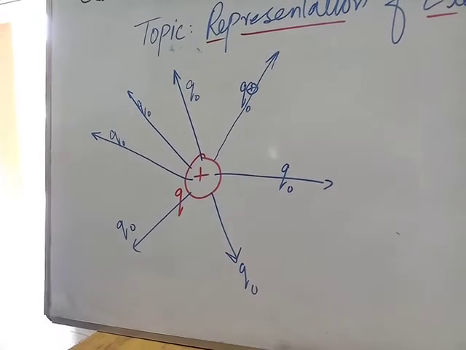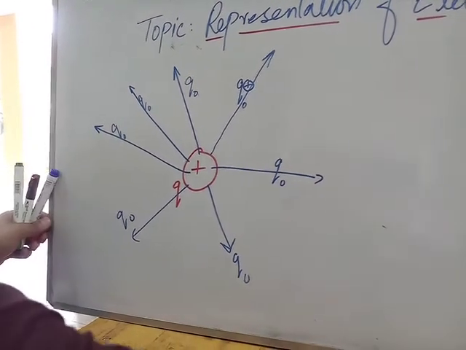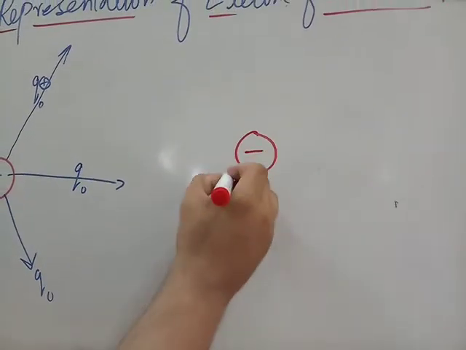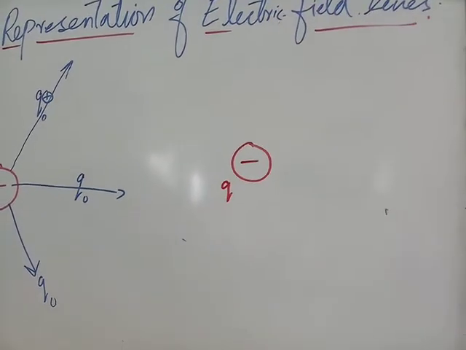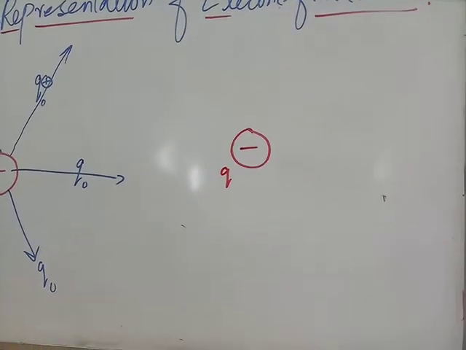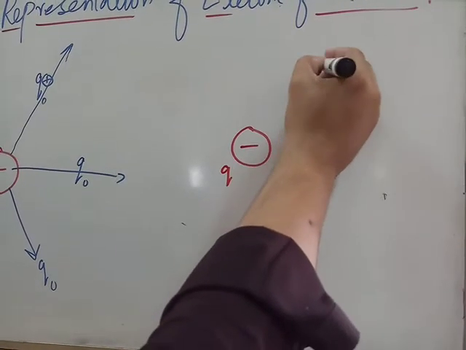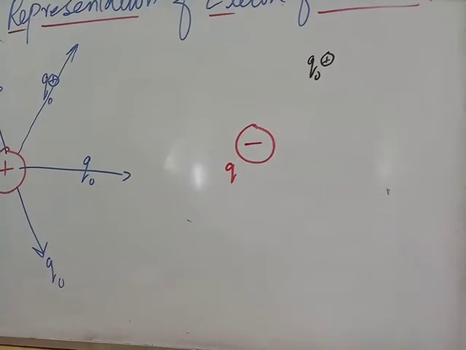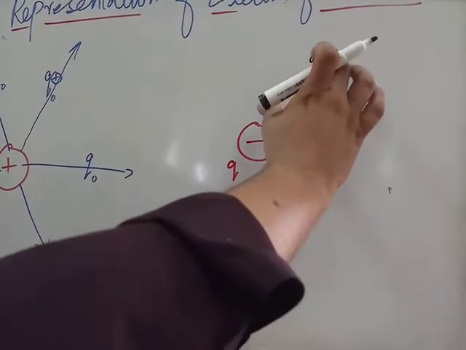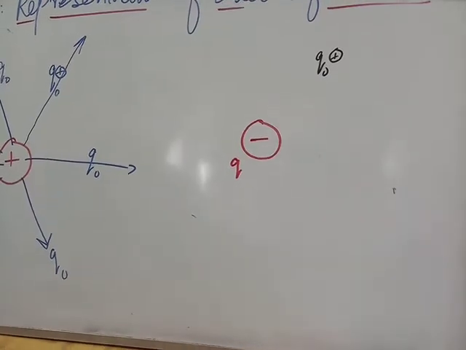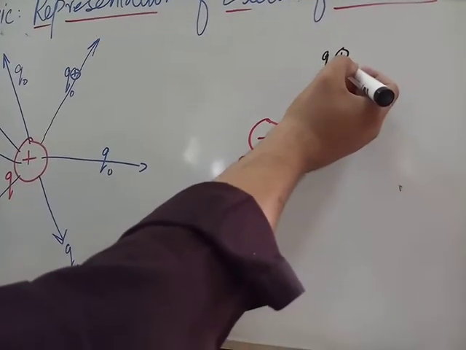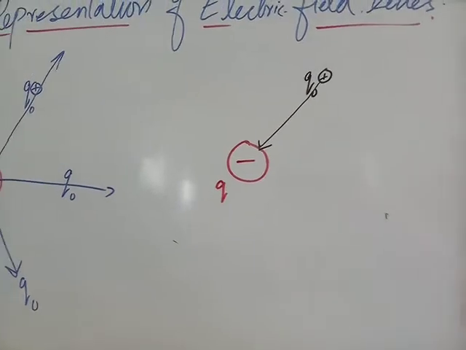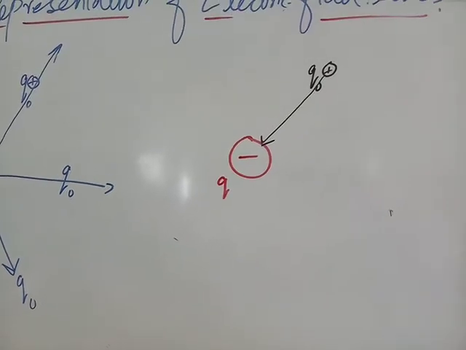Now for a negative point charge Q, and we have a test charge Q0, which is always positive. If I draw an imaginary line between these two charges, an attractive force will occur. So the imaginary line will be in the inward direction, towards the negative point charge.